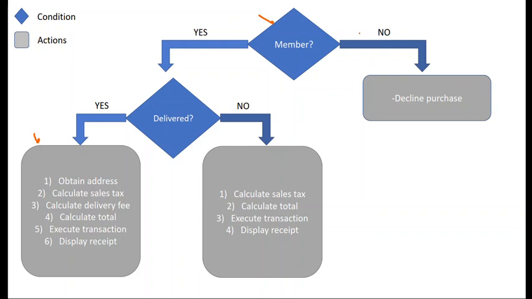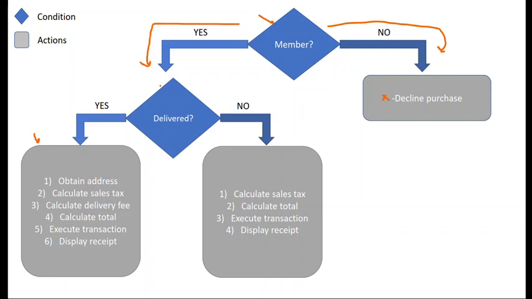If he was not, then this path will be followed, and the action that will be taken by the program is to simply decline the purchase and then maybe display a failed transaction message or receipt for the customer. Now, what if the customer was actually a member? Then this path will be followed by the program.